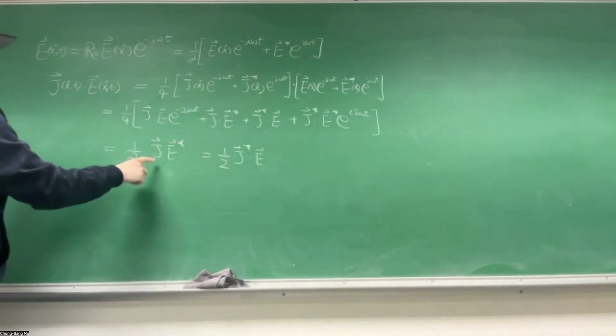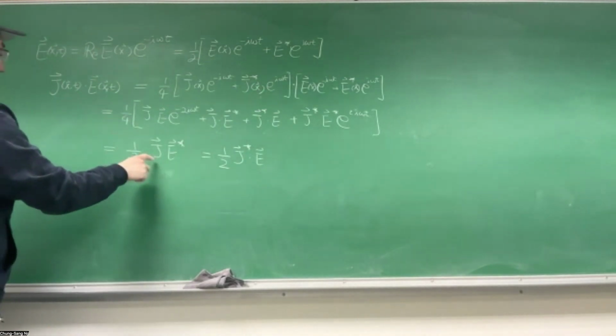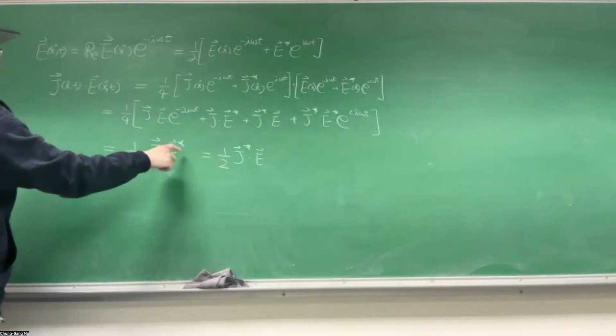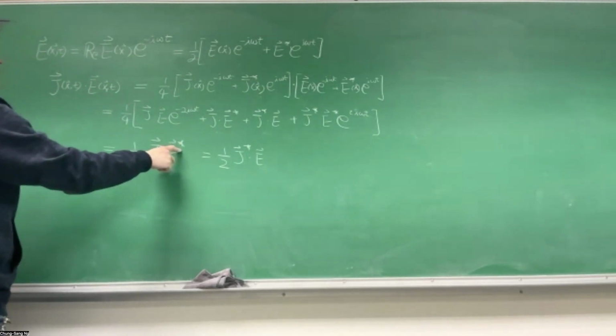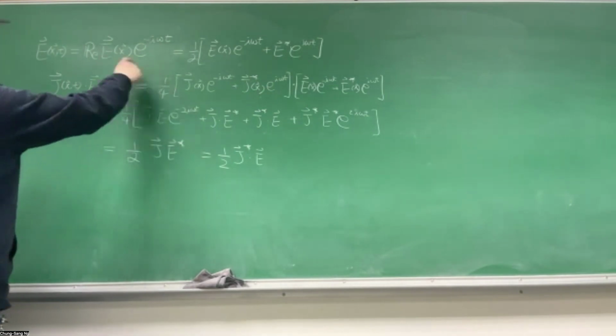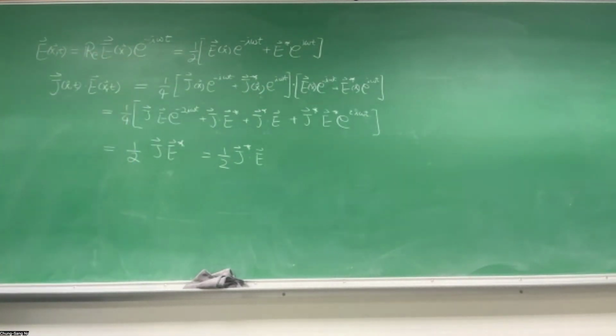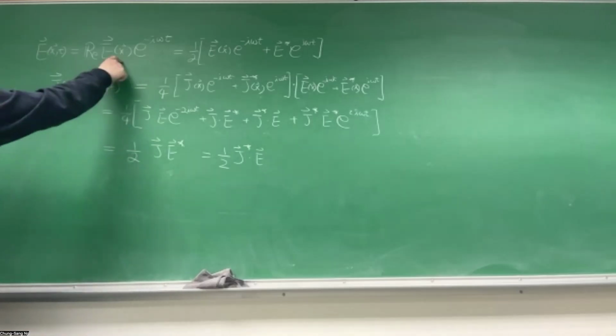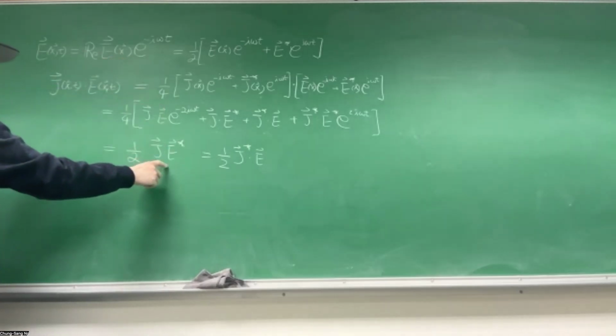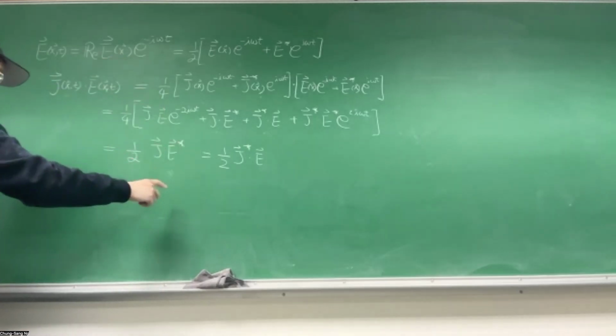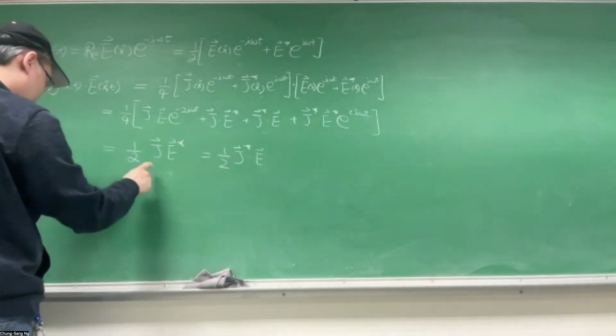When you do that, you basically just multiply one thing with the complex conjugate of the other. I mean, in terms of this field that depends only on the spatial coordinate, one of them takes a complex conjugate, either this one or that one.